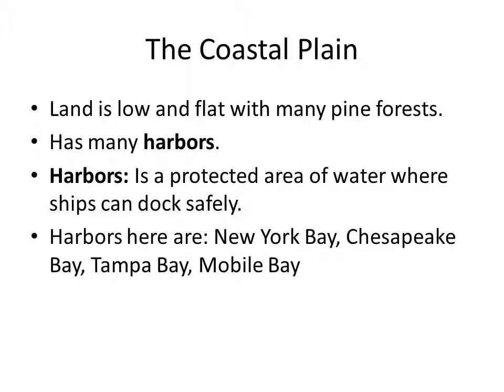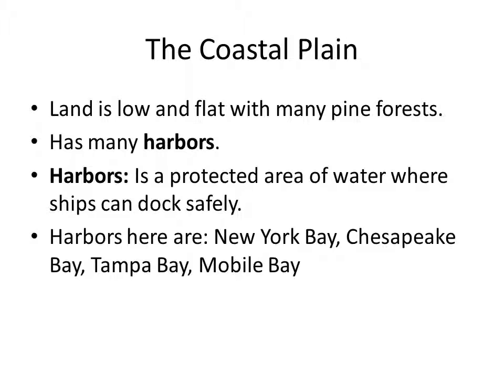So the coastal plain is typified by land that is low and flat with many pine forests. It has many harbors. Harbors in this case are protected areas of water where ships can dock safely. They sometimes say a person can have safe harbor in the church from the cops or something like that.